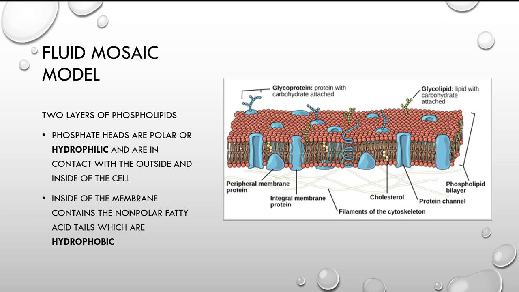And so the lipids are nonpolar. And since they're nonpolar, they're hydrophobic. And because they're hydrophobic, they don't want anything to do with the liquid inside or outside of the cell. So they're going to be facing each other to avoid the liquid inside and outside of the cell. That helps maintain the structure of the membrane.